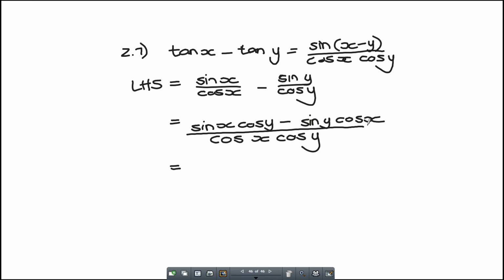So that is a compound angle. Do you guys see that? Okay, so that will become sine x minus y. Denominator stays exactly the same, and now it looks like the right hand side.